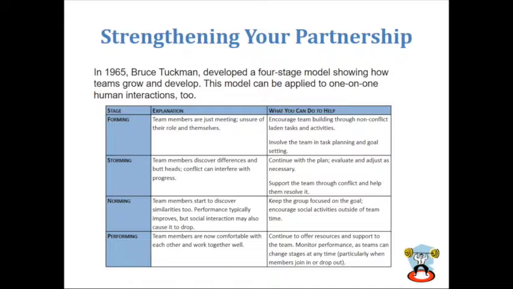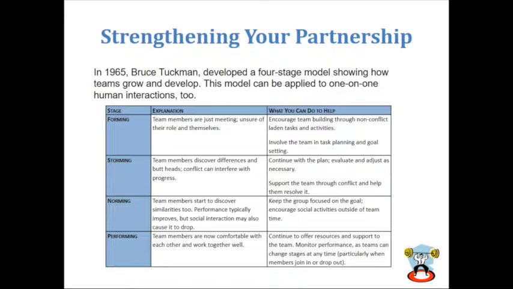So again, here's another chart that we're all probably familiar with. In 1965, Tuckman developed this four-stage model for group team building, and it's called forming, storming, norming, and performing.